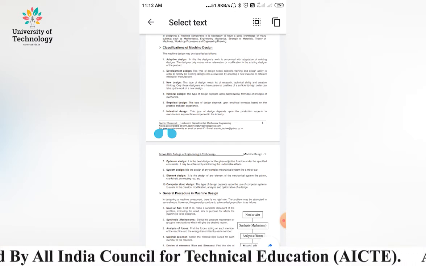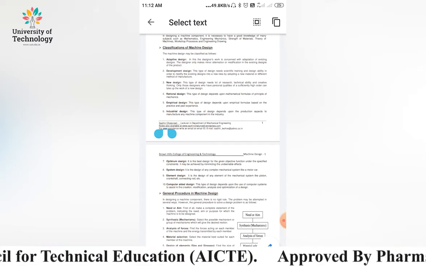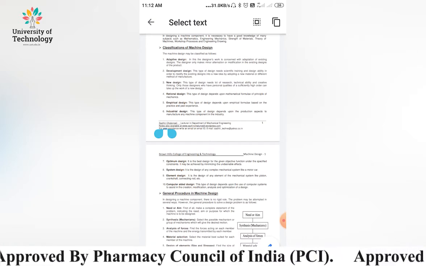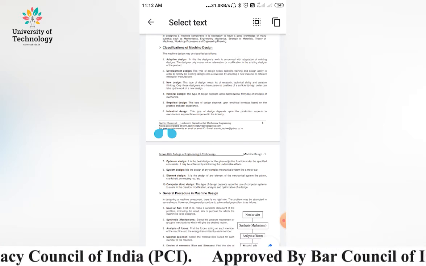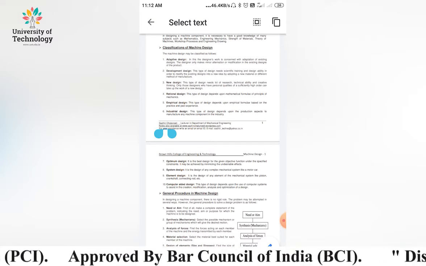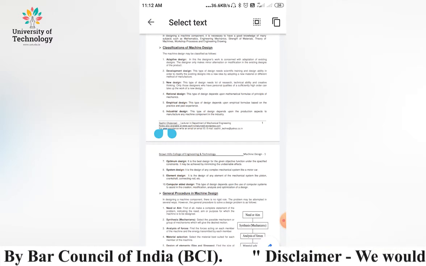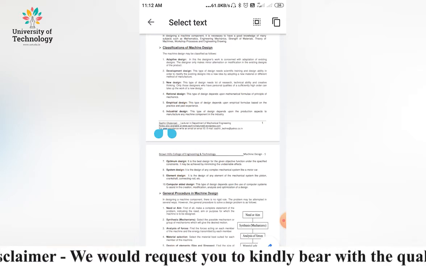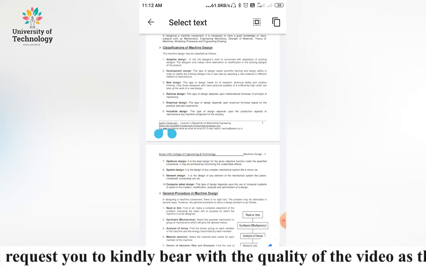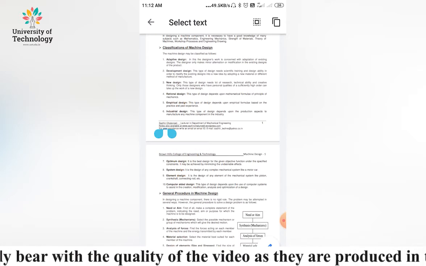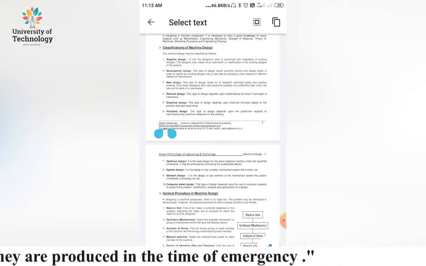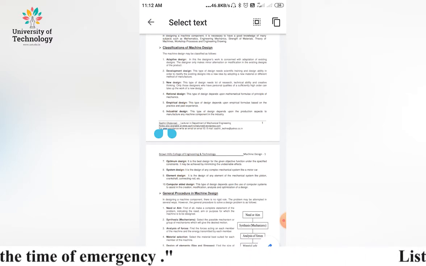The next type of machine design is new design. This type of design needs a lot of research, technical ability and creative thinking. Only those designers who have personal qualities of a sufficiently high order can take up the work of a new design. Next is rational design.